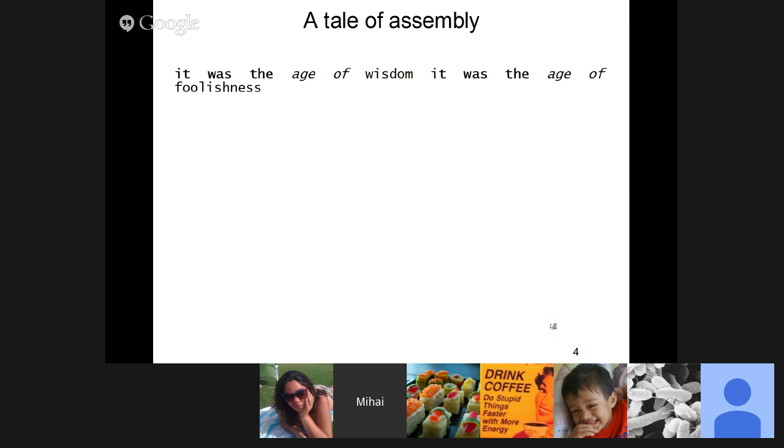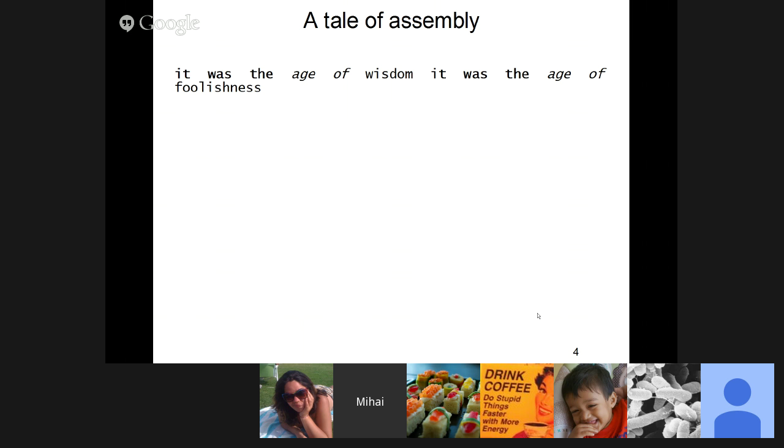To further clarify what's going on, I'm taking this very nice metaphor for assembly, which is A Tale of Two Cities by Charles Dickens. The book starts with, "It was the age of wisdom, it was the age of foolishness." The question is, what would a sequencing instrument do with this book?